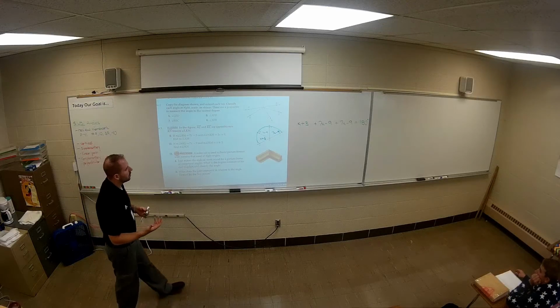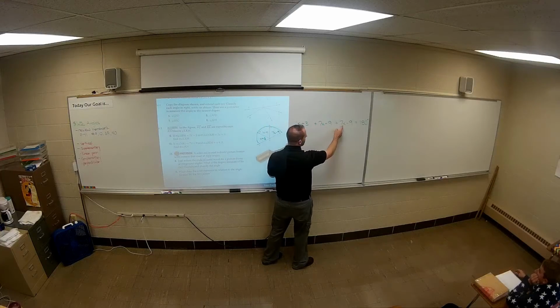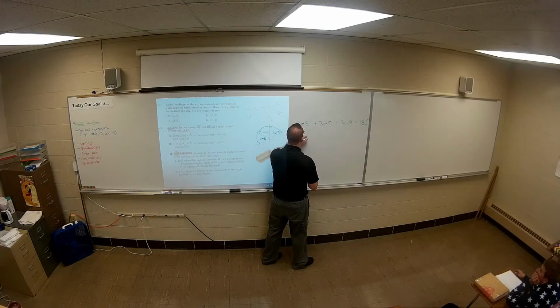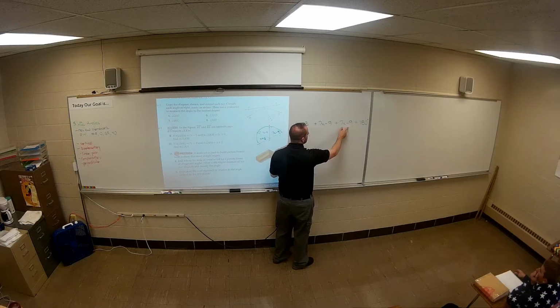Okay, because we're doing angle addition, right? You're adding three adjacent angles, it makes an entire straight angle, kind of a linear pair. It's actually a trio of angles there.